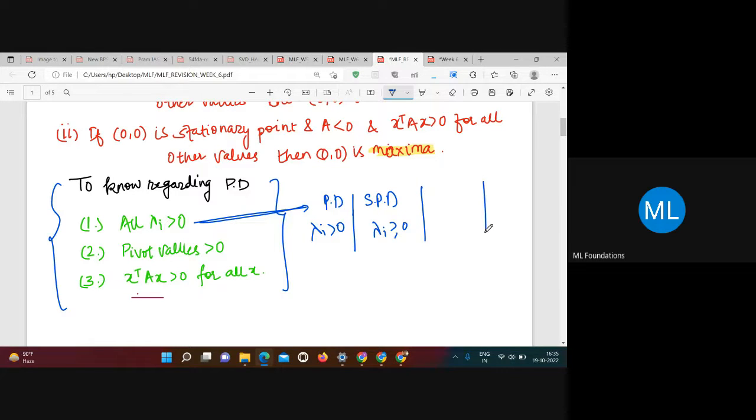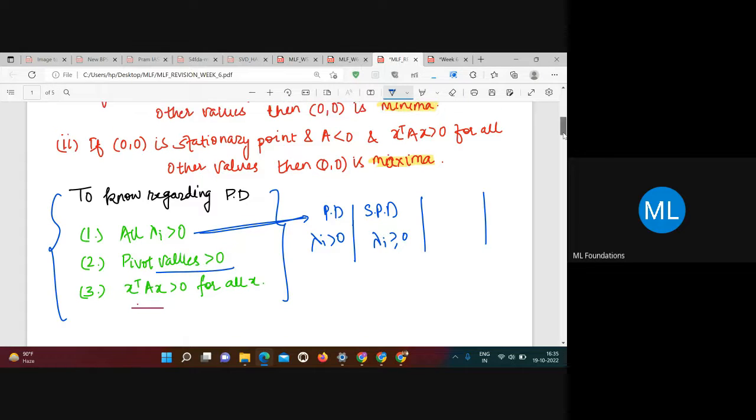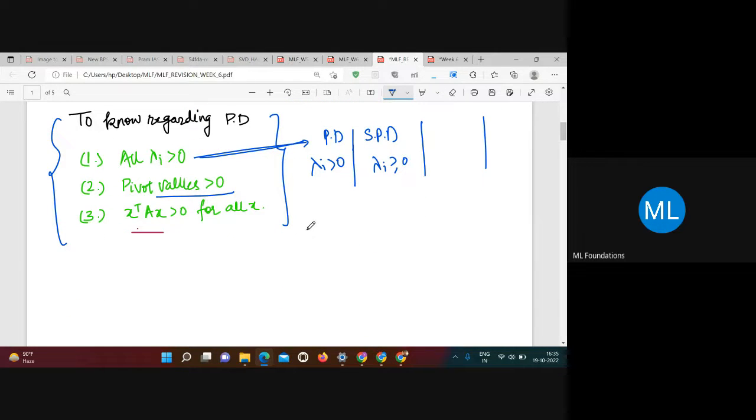Then similarly, for the pivot method, if you convert the matrix into reduced row echelon form and all the pivot values are greater than zero, you can directly say it. Or there is one leading, if you are able to calculate, for example here A1, A2, A3.